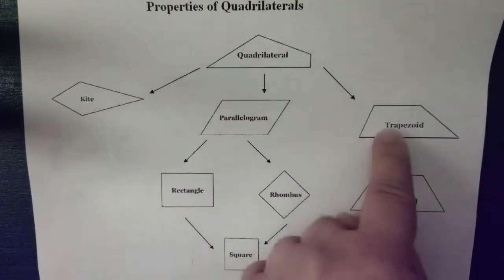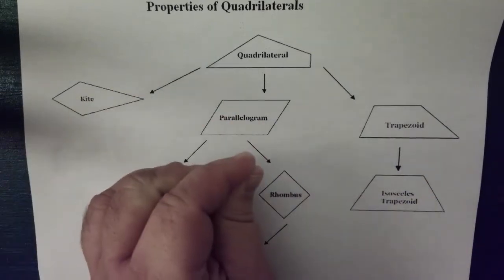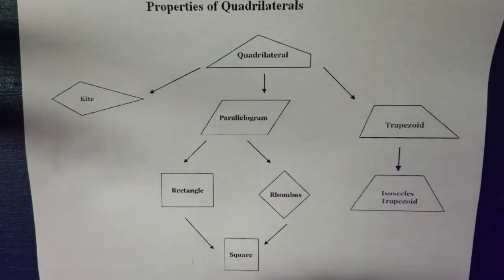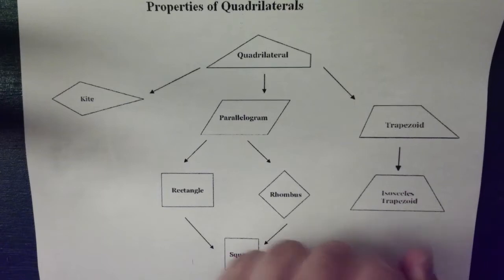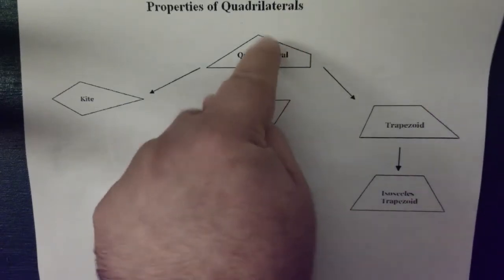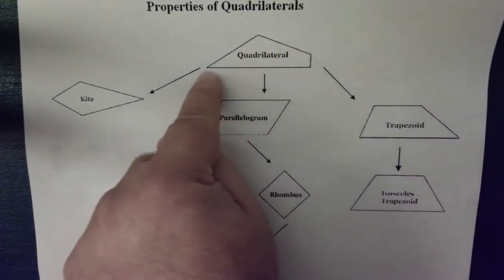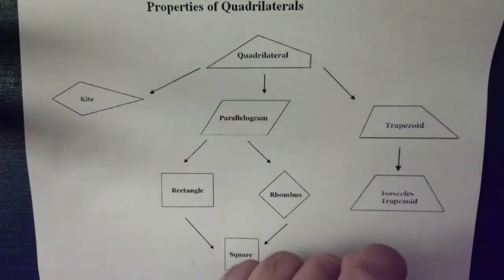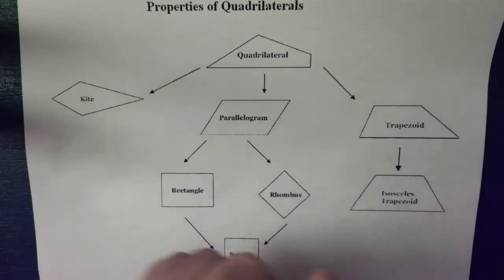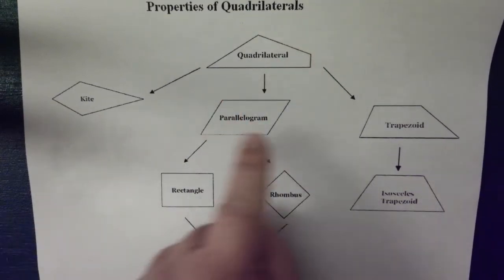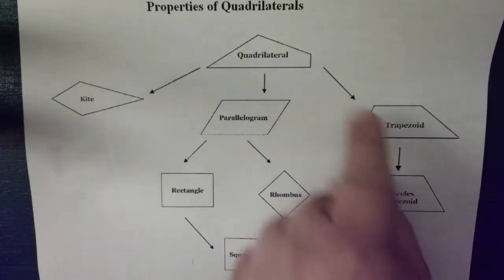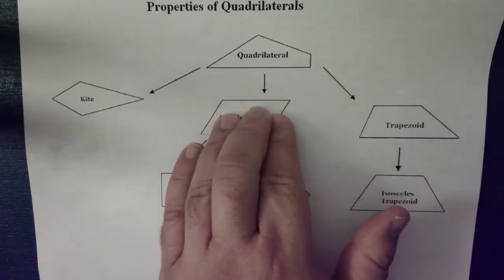All three are closed, meaning there's no hole in them, and they have four sides. They have all the traits that this guy has, which is basically four sides and closed. Oh, and all the angles add up to 360. That's it. Same thing for this one, same thing for this one, same thing for this one, but it has more special stuff to it.